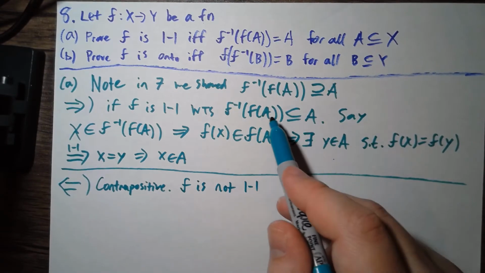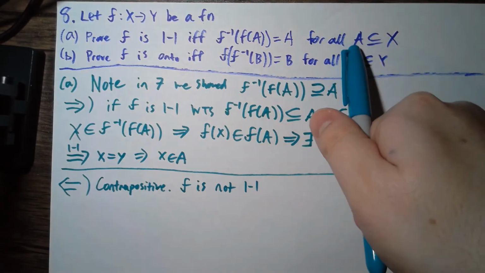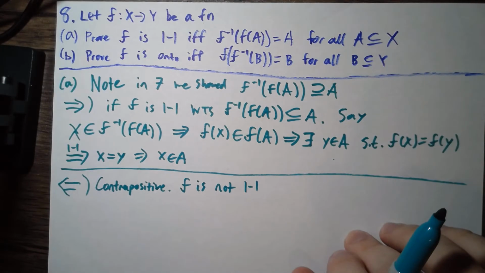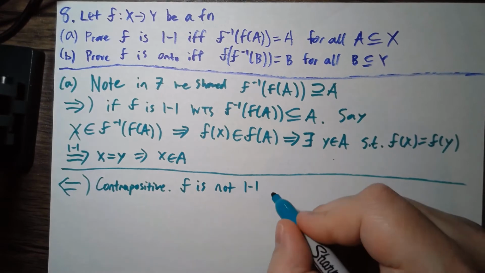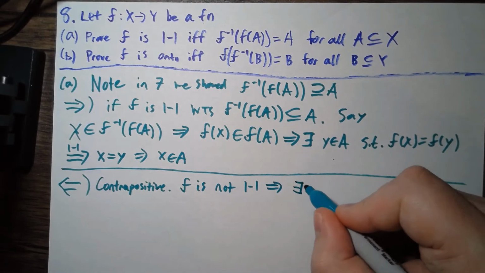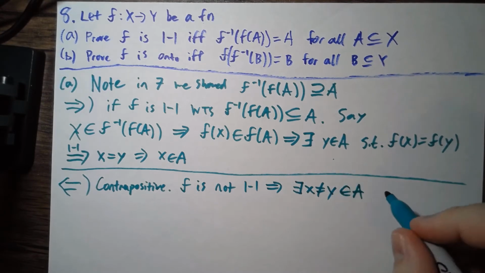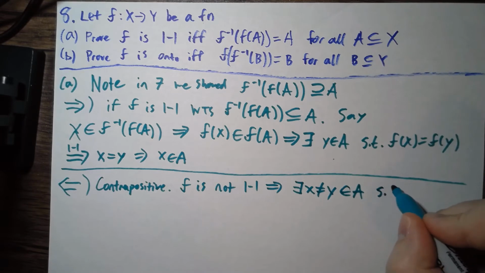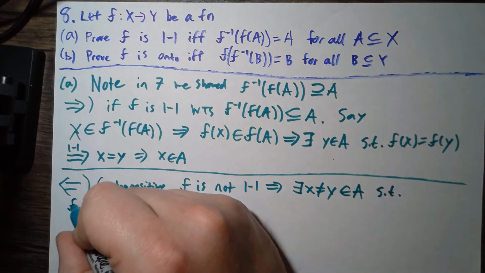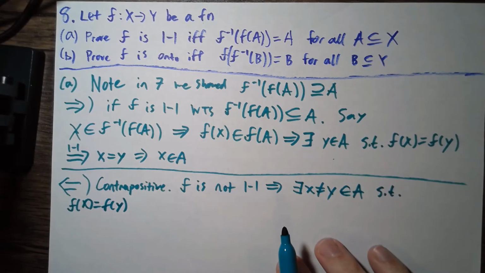Namely, we'll show that this equality fails for some subset A. Since f is not 1 to 1, there exist some x not equal to y, both elements of X, such that f of x is equal to f of y. This is just what it means to not be 1 to 1.